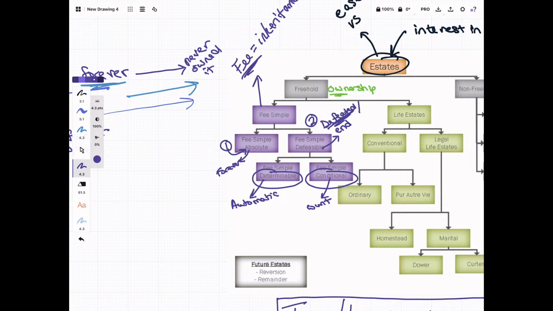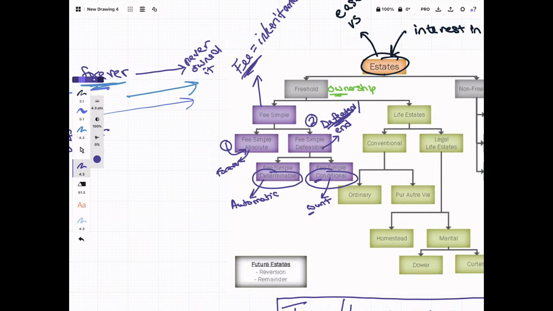If it was a fee simple conditional, my mother would have to take her to court. The conditional C, the court C, that is one difference between the determinable and the conditional.